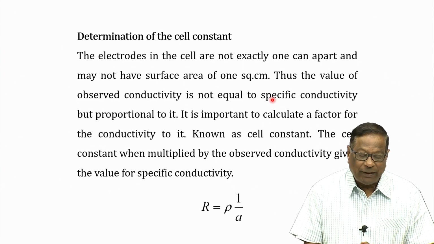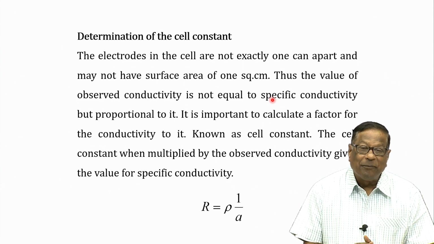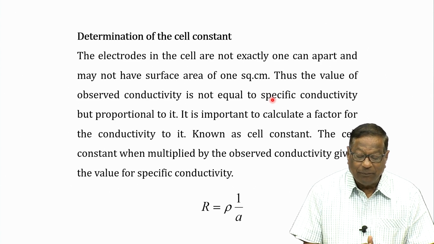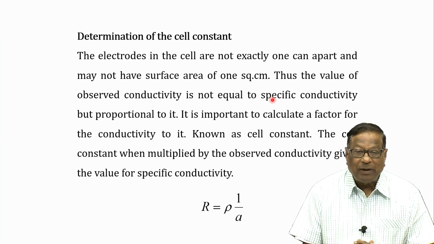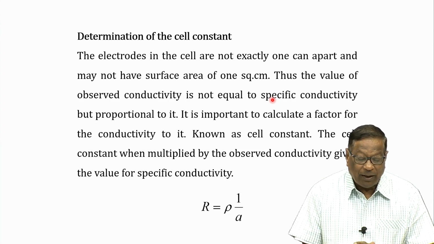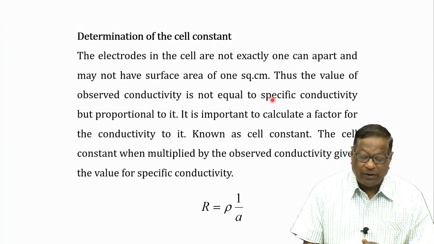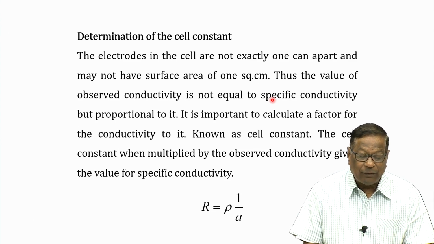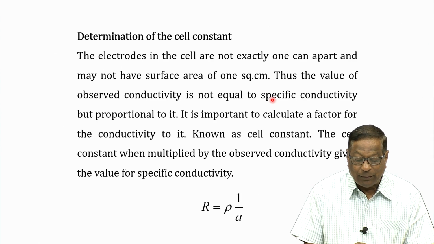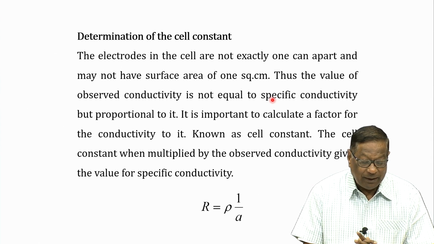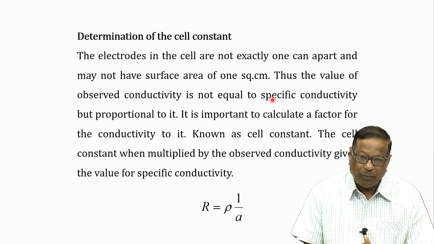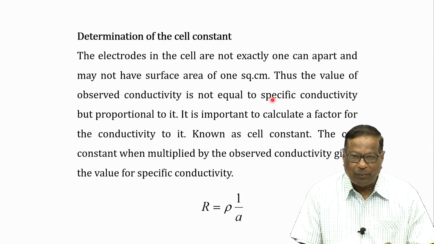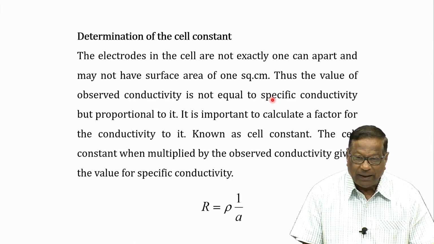For that, the electrodes in the cell are not exactly 1 centimeter apart, and may not have a surface area of exactly 1 square centimeter. So, the value of the observed conductivity is not equal to specific conductivity, but it may be nearer, but not exactly. Specific conductivity will be proportional anyway to the area.